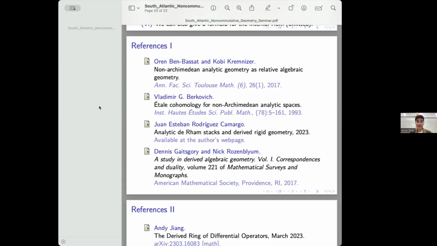As you know, when you have D-modules, the D-module pushforward from X to a point of the structure sheaf gives you back de Rham cohomology in the classical setting, like complex analysis or algebraic geometry.